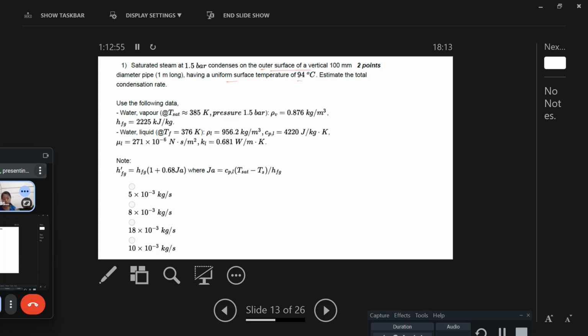That means the surface temperature of the pipe is 94. Estimate the condensation rate, that is m dot. Here they have given the formula for HFG prime, after this we can calculate the HD.